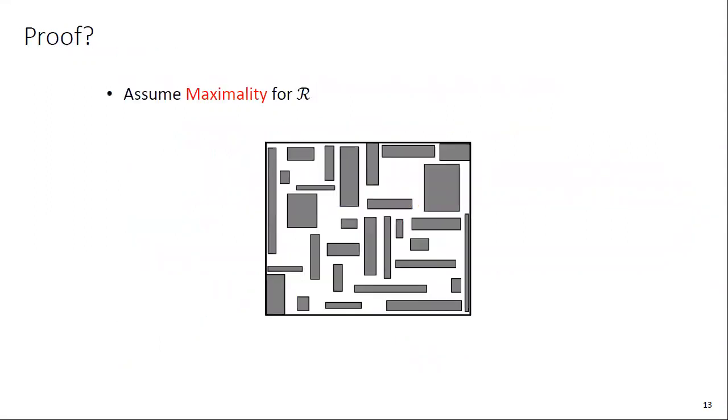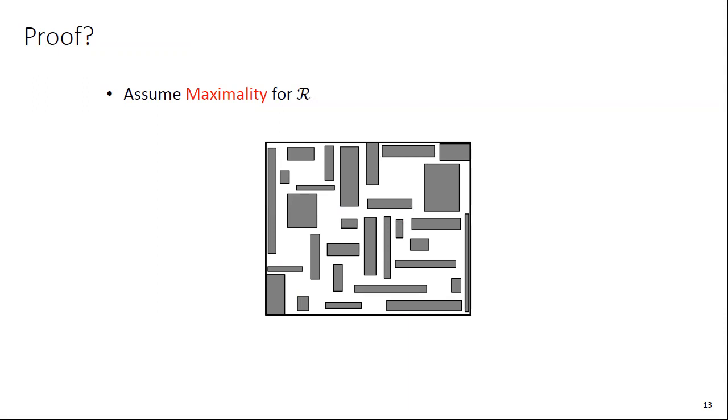First, we will start with a maximum independent set, and we will construct from this set. We will remove some of the rectangles, and we will prove that one subset of the maximum independent set is well structured, is guillotine separable.